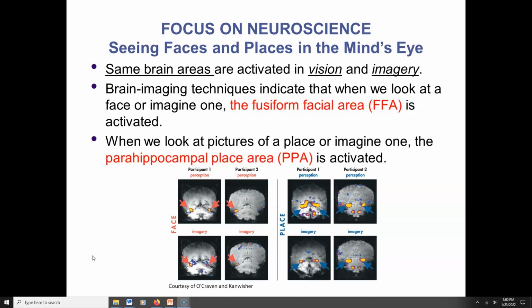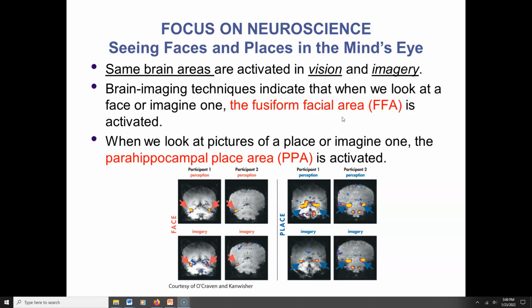Brain imaging techniques have shown us that when we look at a face or even imagine one, that image is processed in what is called the fusiform facial area, or the FFA. I put that in red font, and I highly recommend that you put the fusiform facial area in your notes. That is the part of the brain that is activated when we look at a face or even imagine one.